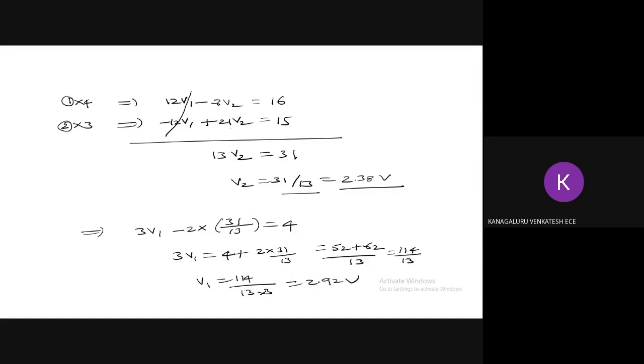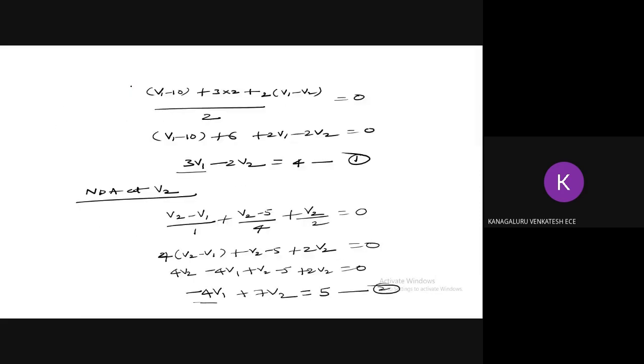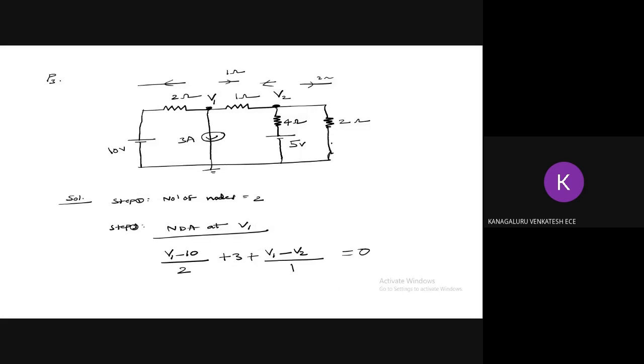So therefore, V1 value is 2.92 and V2 value is 2.38 volt. Now, apart from finding the node voltages, what are we supposed to find out? Another question. Find the current through 4 ohm resistor. Anyone tell me the answer?